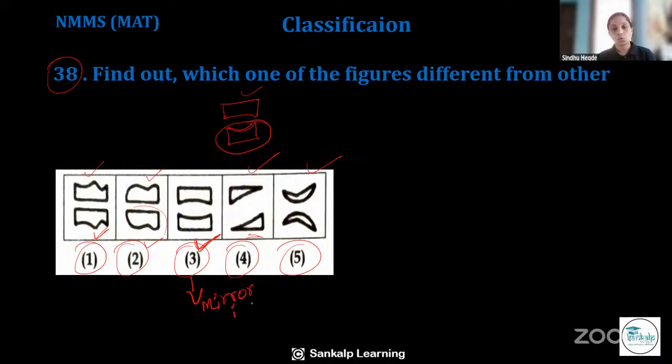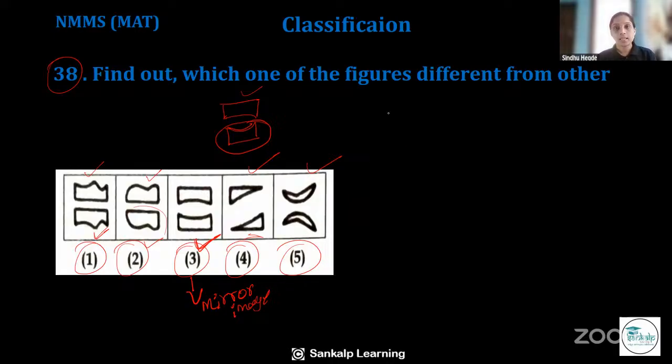Only the image 3 is the mirror image. Remaining all are the rotation; after 180 degree, we get the another half. So here figure 3 is entirely different from the rest.